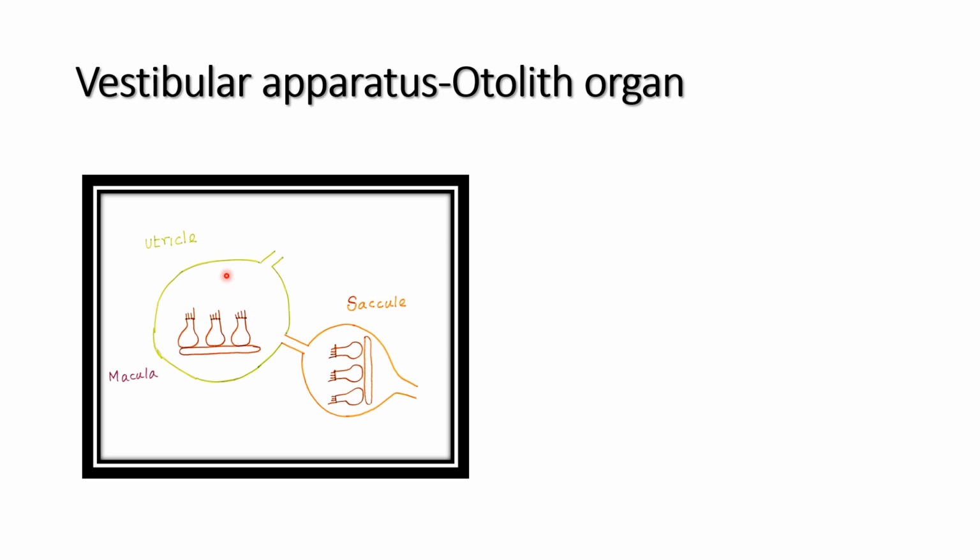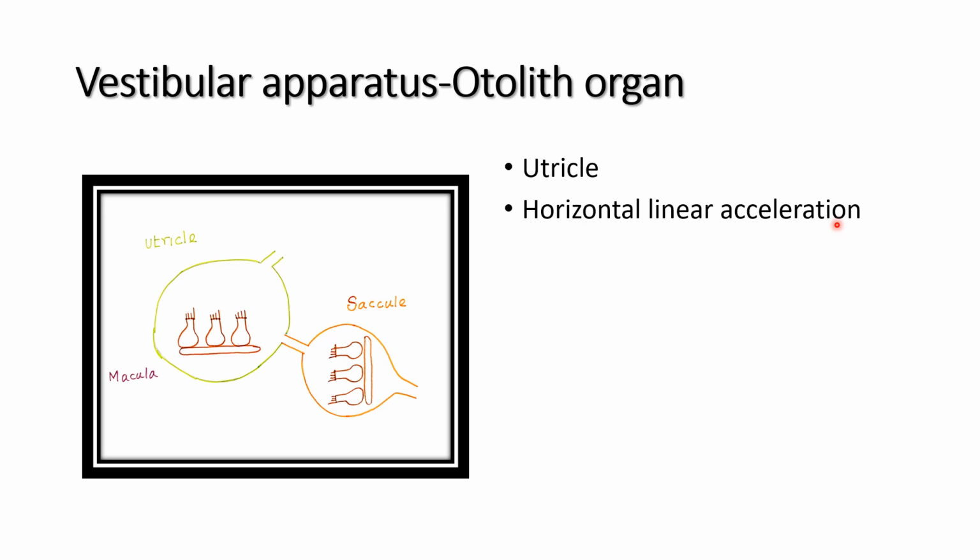The utricle contains the sensory epithelium, called the macula. The hair cells are arranged in the horizontal axis, so it is important for horizontal linear acceleration.